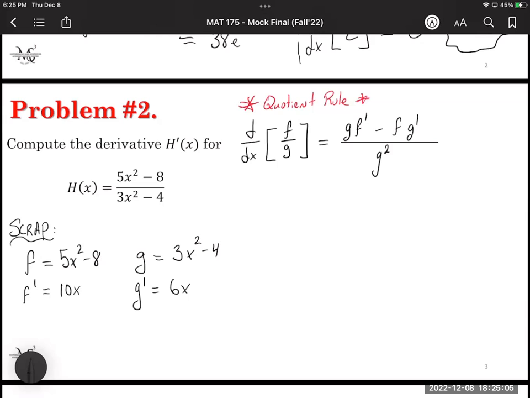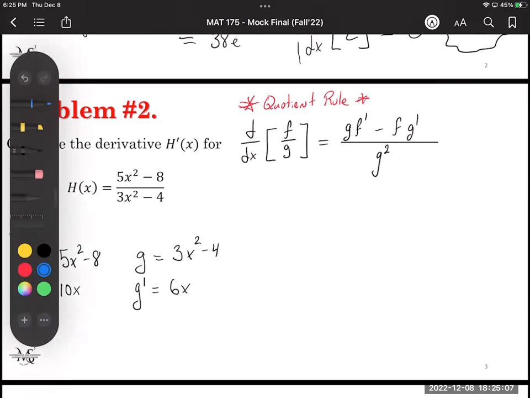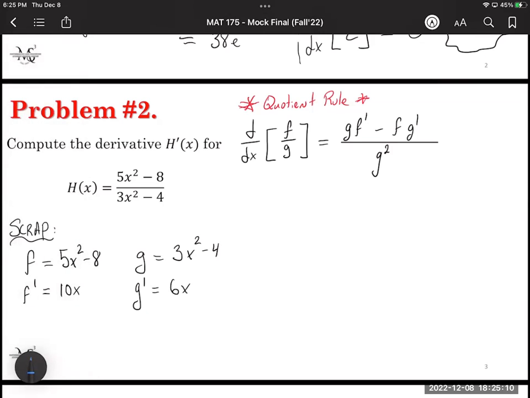The way that my scrap work is designed, it looks like we're doing some sort of informal cross multiplication. You take f times g prime, you take g times f prime, right? But just note that for the quotient rule, the g times f prime goes first.